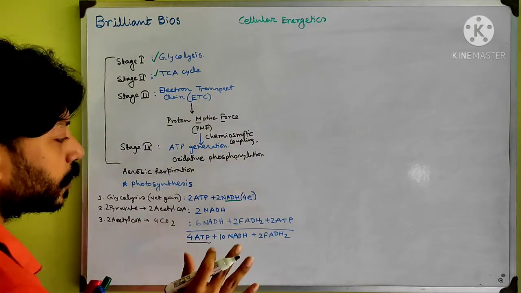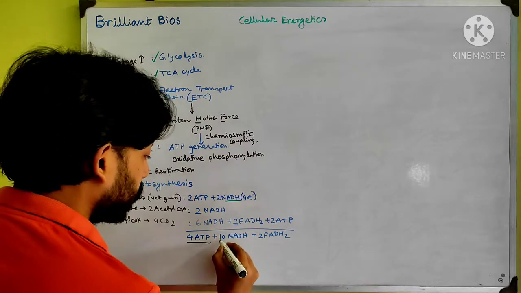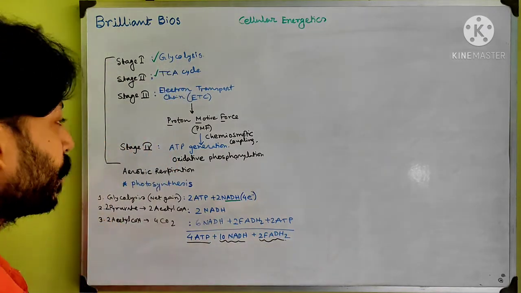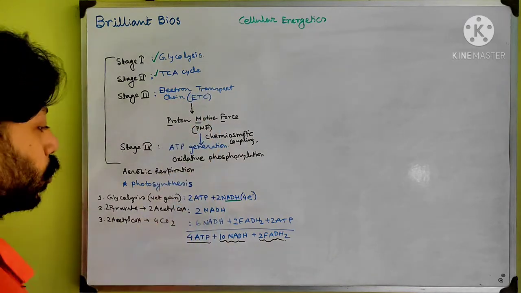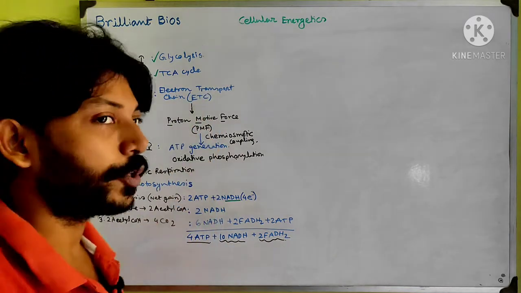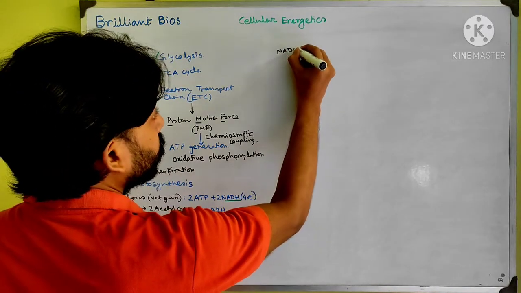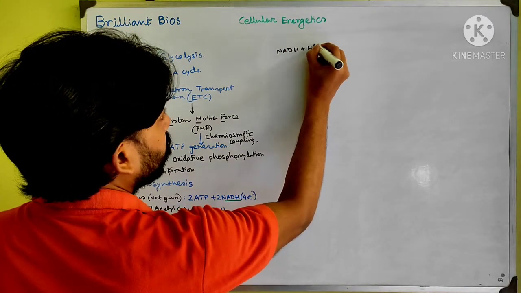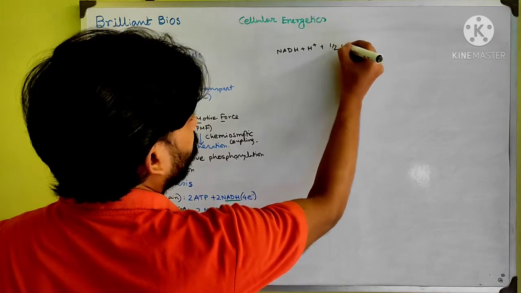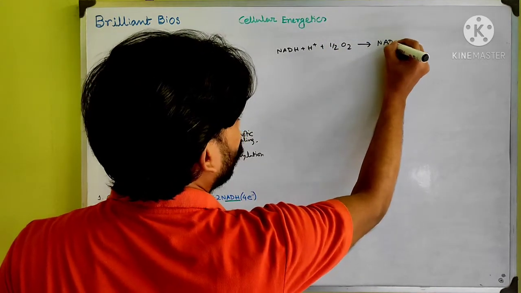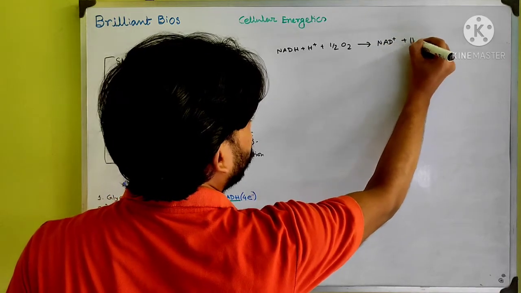Now the two important molecules are NADH and FADH2 that will play a direct role in the electron transport chain. So I will start this video with 2 reactions. That is, this NADH plus H plus will react with oxygen molecule, it will actually be oxidized and generate water molecules.